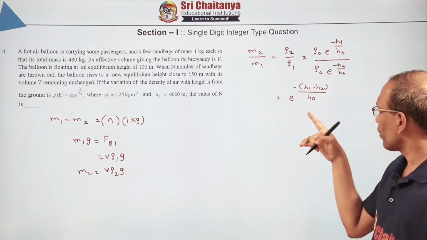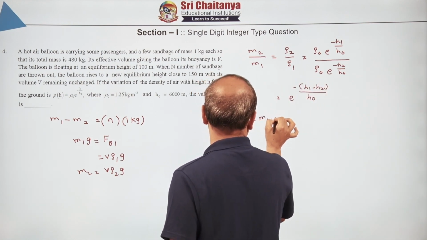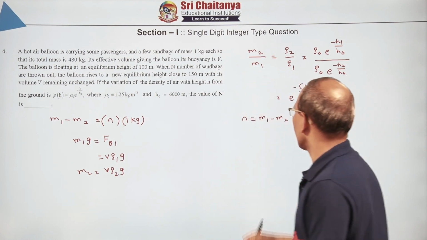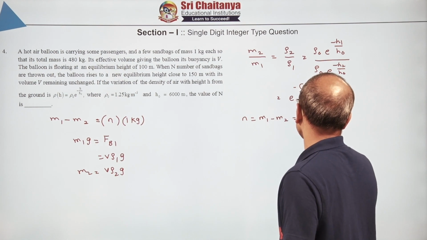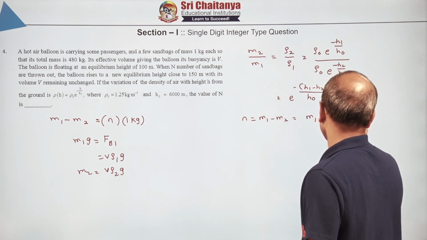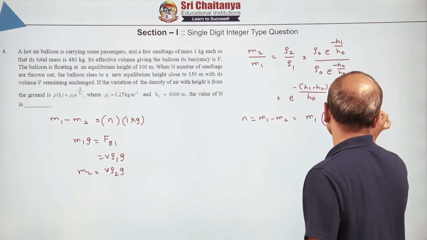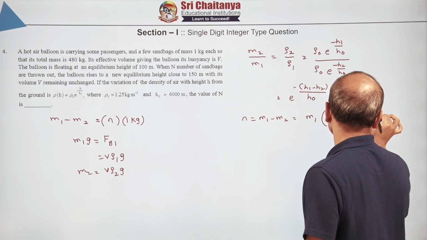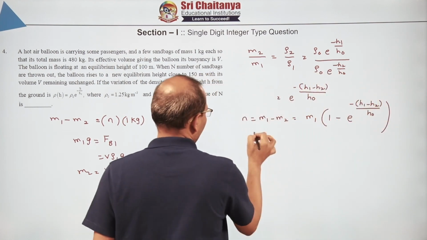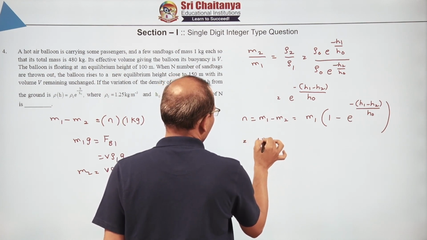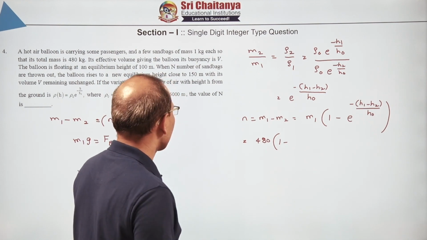Now we want m1 minus m2. So the n value is effectively nothing but m1 minus m2. So m1 minus m2 will be m1 into 1 minus e power minus of h1 minus h2 by h naught. Now let us substitute these values, we will get the value of n. This is 480 into 1 minus e power minus of h1 minus h2 by h naught.